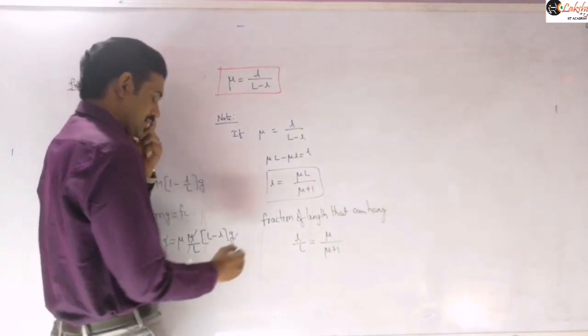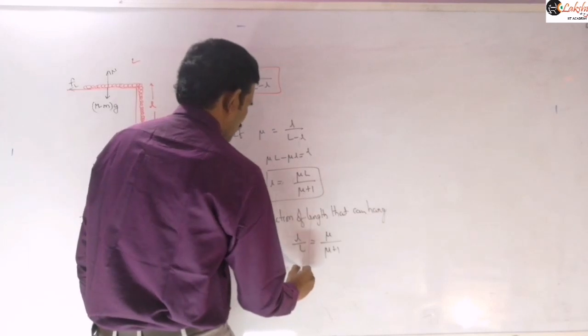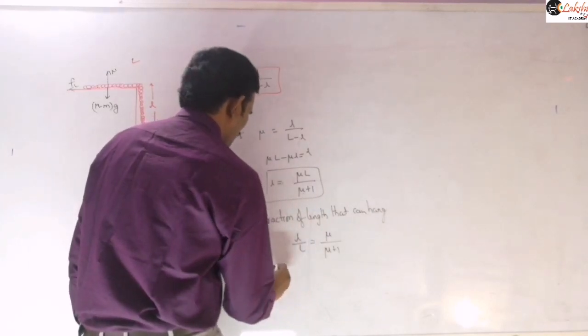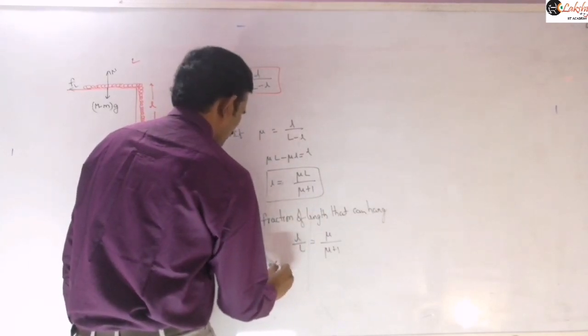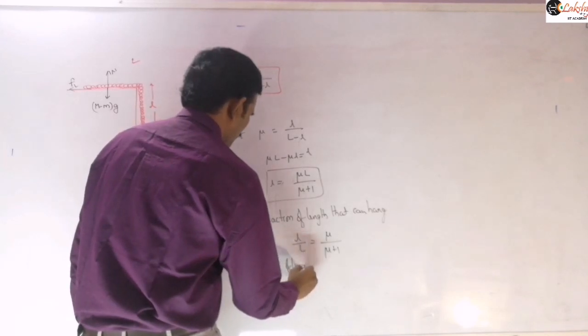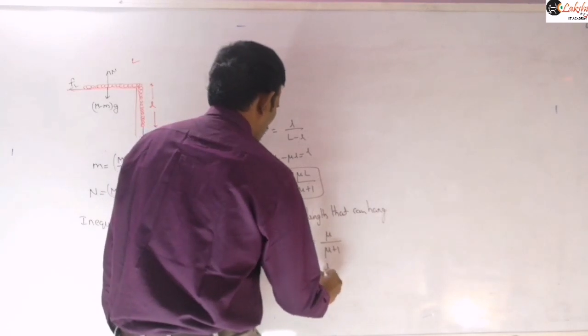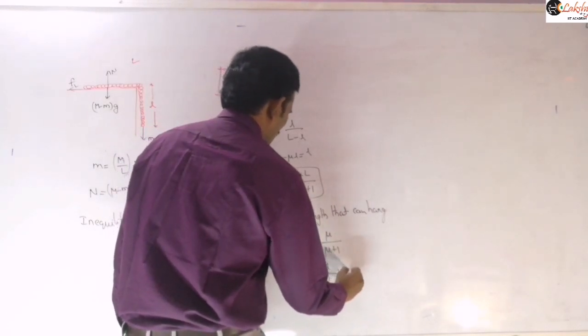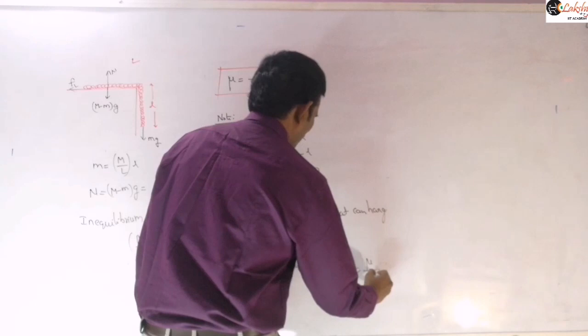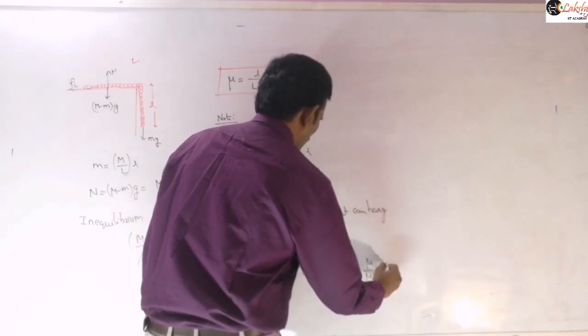And next, another thing we can write is the percentage of length. Percentage of length that can hang means just multiplying by 100, so l by L into 100 is equal to mu by mu plus 1 into 100.